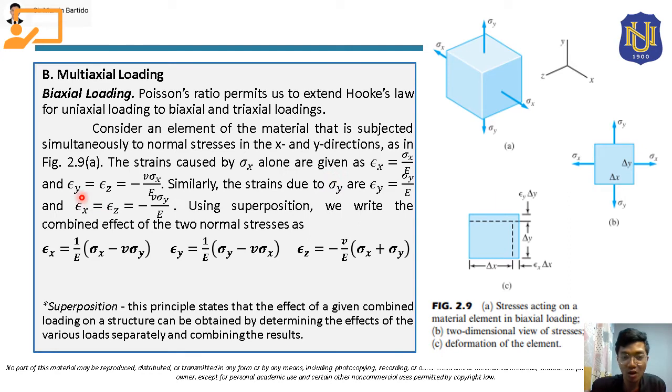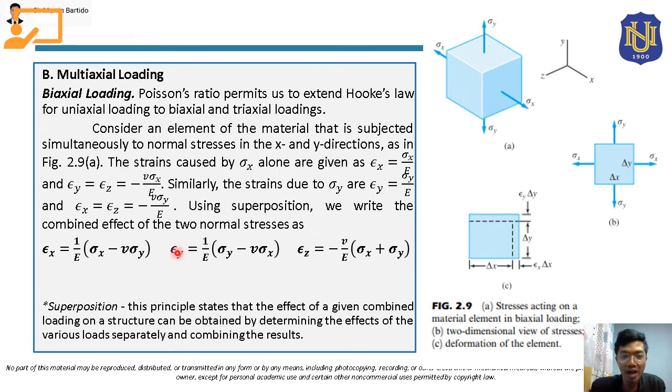The formula for this is negative v sigma y over E. So we combine them, factoring out E, and this will now be the total strain in the x direction for this biaxially loaded element.